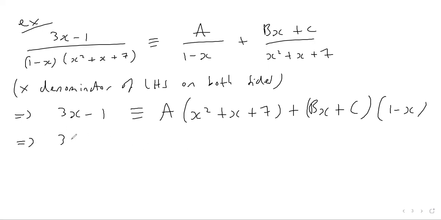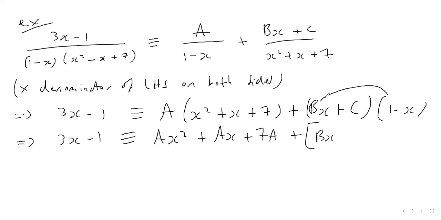So therefore 3x minus 1 is identical to, let's expand the brackets here. We've got Ax squared plus Ax plus 7 lots of A. Then expanding these brackets, I'm going to put these in square brackets: you get Bx, take away Bx squared, plus C, take away Cx. So that's our expansion.